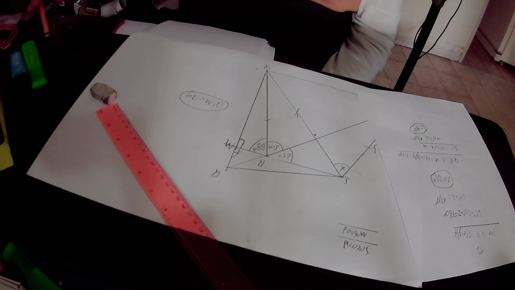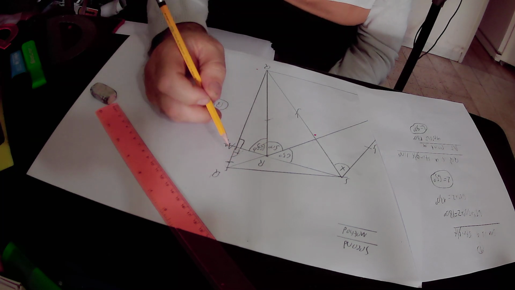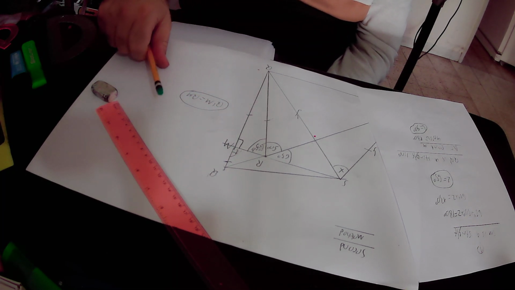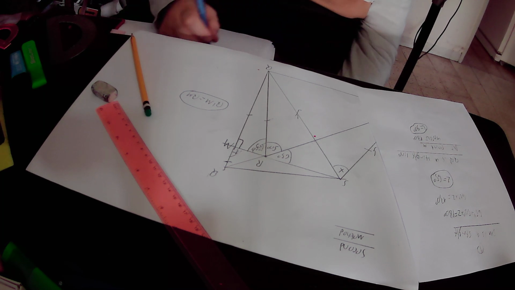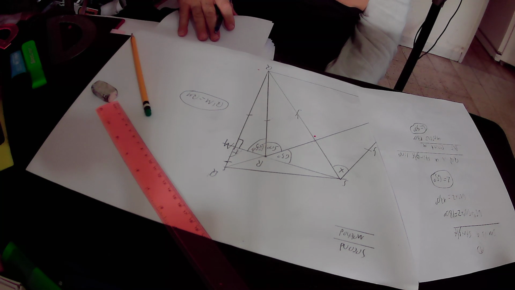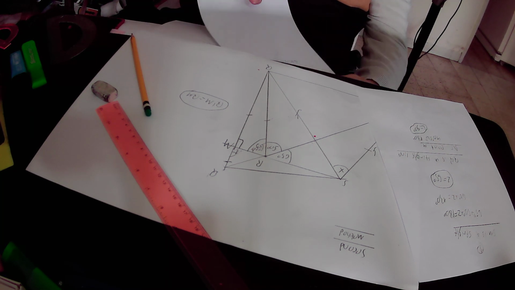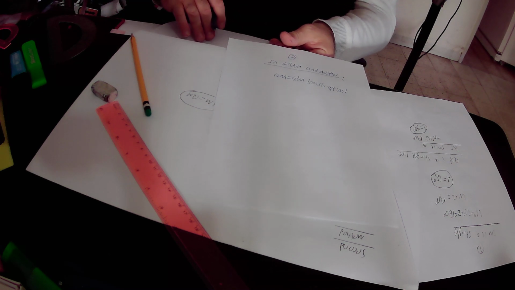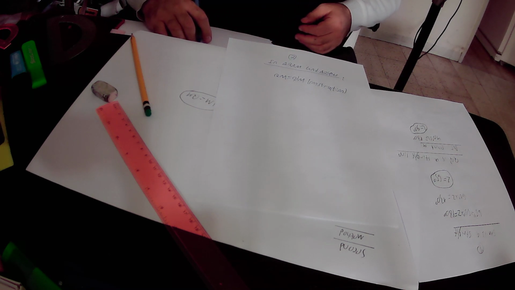First of all, we know that Q'M is equal to QM according to our construction. Again, QM is equal to Q'M according to our construction.